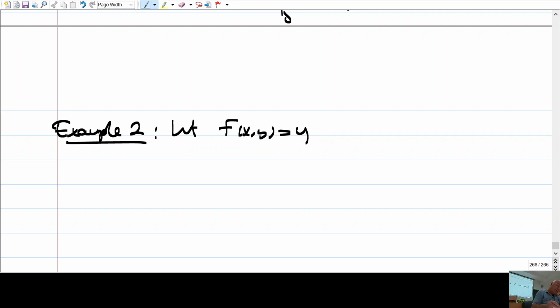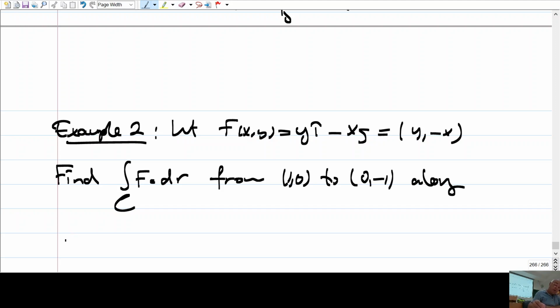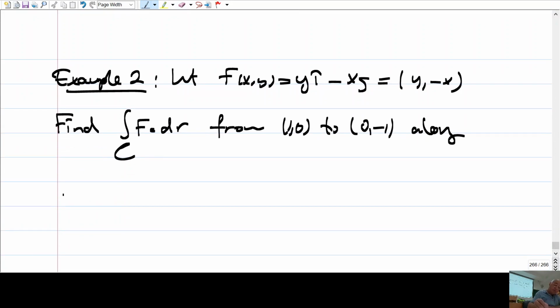So this is y times i minus x times j, so this is just (y, -x), and we are asked to find the integral of F dot dr from (1, 0) to (0, -1) along two different curves.